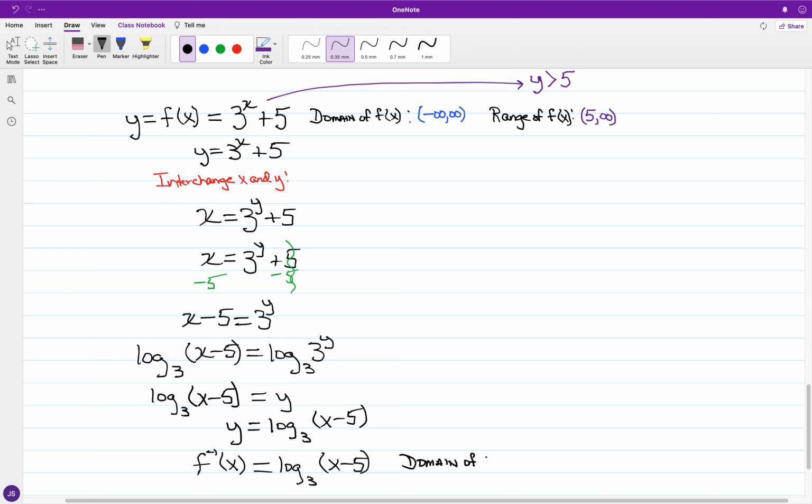the domain of the inverse, concerning what we're going to have in x, will be what was described for y in the original function. So for x, you're looking at values of x greater than 5.